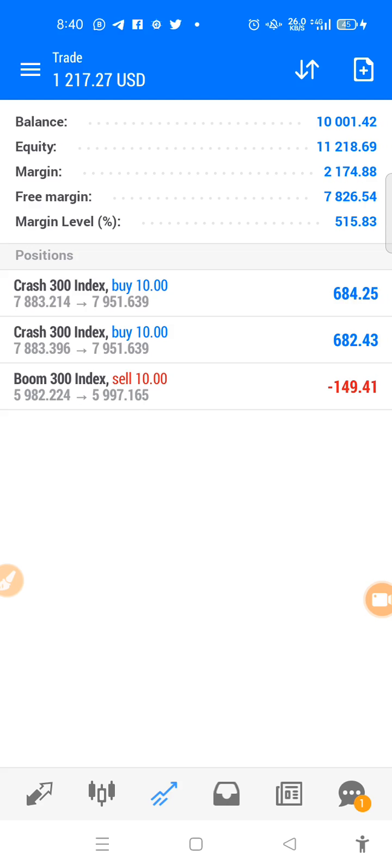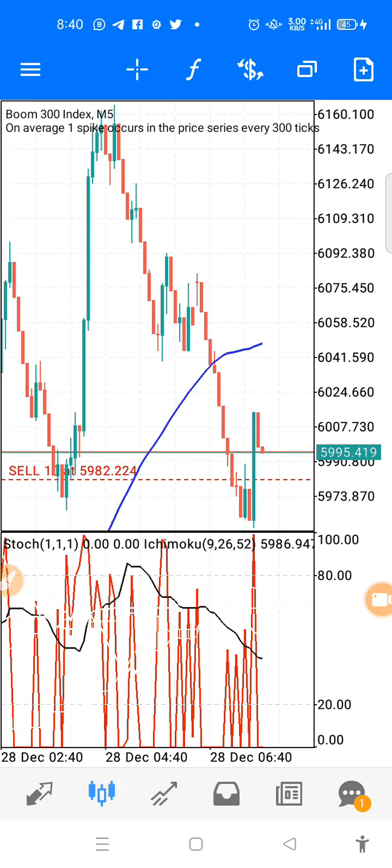If a spike even occurs, you will not lose more than $3 max if you enter at the right point, and that $3 will be covered back in a short period of time. If you don't want to hold that particular trade and want to wait for another better opportunity, you can close that position at -2, -3, then wait for another good opportunity and enter before the day ends.